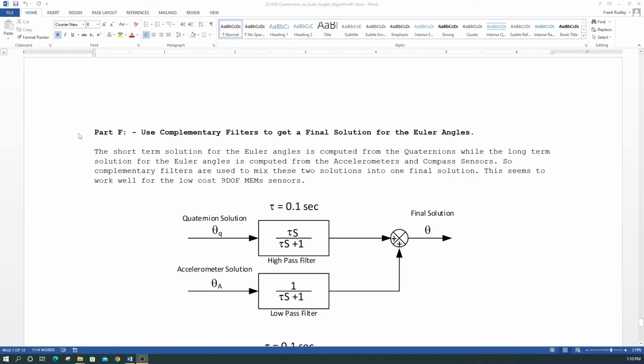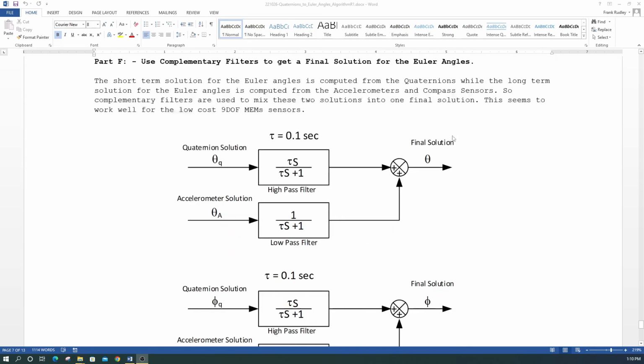So the last part I have here I call part F. Use complementary filters to get a final solution for the Euler angles. The short-term solution for the Euler angles is computed from the quaternions, while the long-term solution for the Euler angles is computed from the accelerometers and compass sensors. So complementary filters are used to mix these two solutions into one final solution. This seems to work well for the low-cost 9-degree-of-freedom MEMS sensor, such as the MPU 9250.